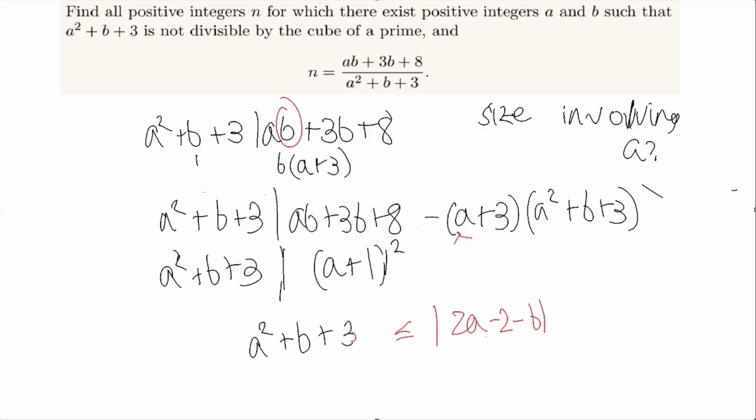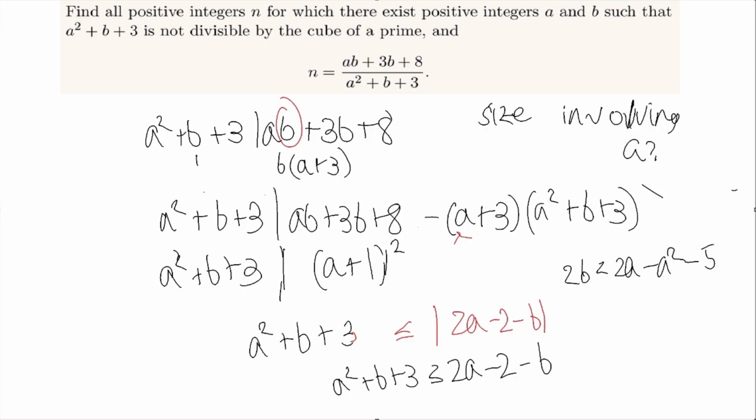If we end up having that it's less than or equal to the positive one of this, if the number in the absolute value is positive, then we get something like this. And when we solve this, we discover that 2b is less than 2a minus a squared minus 5.